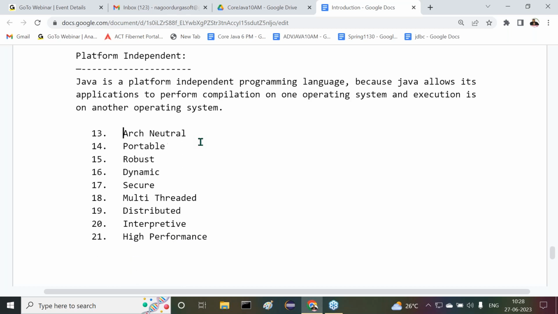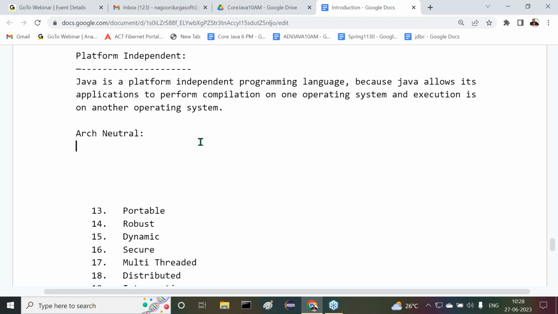Next point. Later on I will cover very good content about this architectural neutral, but for the time being, in the introductory part, just understand only one statement. Again I will talk about it in the future, but now understand only one statement for our understanding purpose. Architectural neutral.